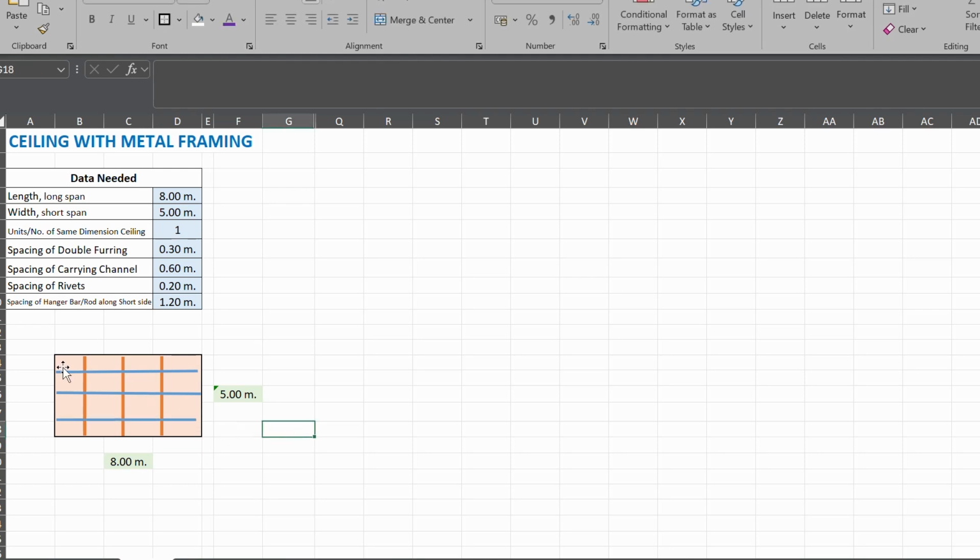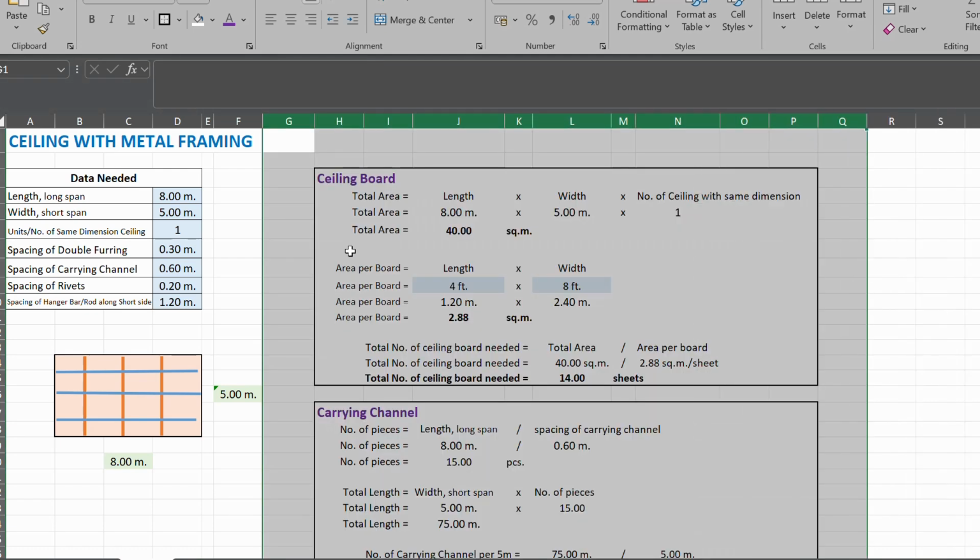Basta sagad yan. And straight. This is just an example. Okay. So this is the carrying channel and this is the double furring. So spaced at 300 mm and this is spaced at 600 mm. Okay, so I will unhide it already.